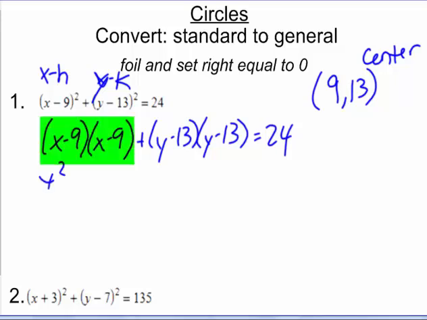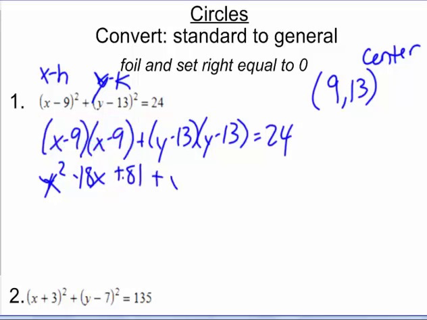X squared minus 18x, we're going to have double the minus 9x, plus 81. So y squared minus 26y, the double of 13, plus 13 squared is 169, and that equals 24.